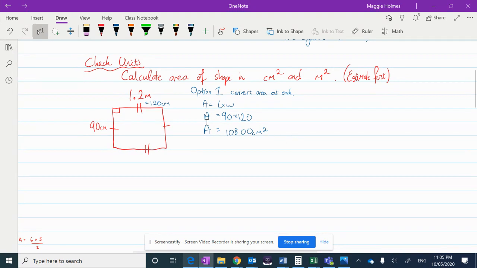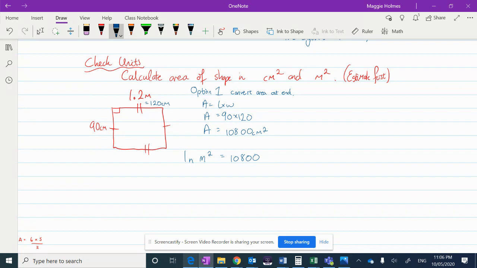Alrighty, so we've got our answer for centimeters squared, and we can use this, as I'm saying, to convert the area to meters squared, because that's the other one we want. In meters squared, that's going to be equal to 10800 centimeters to meters.